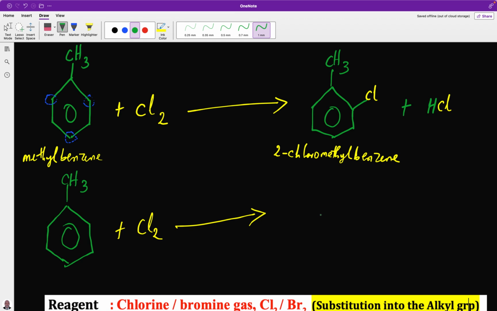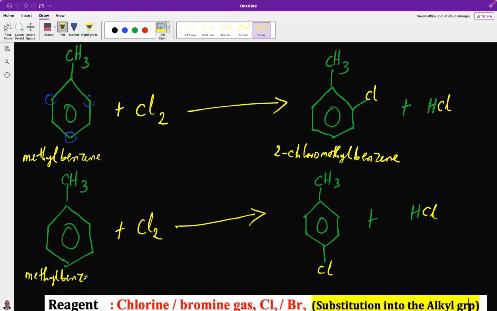We'll see how this goes, as methylbenzene. We'll have this as 4-chloromethylbenzene.